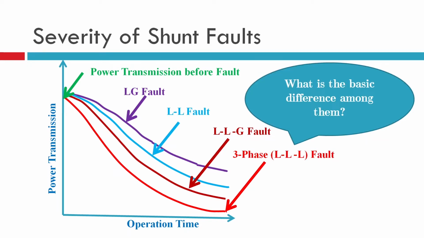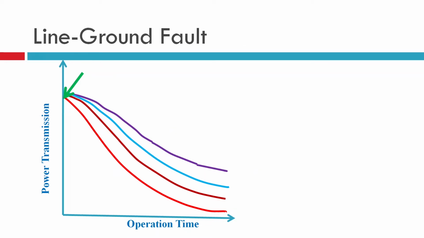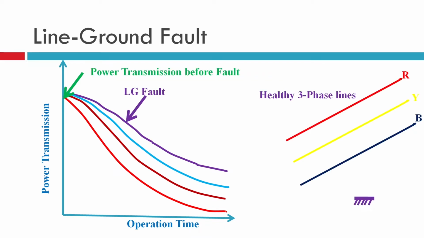A key question comes into your mind: what is the basic difference among them? In line to ground fault, any line of this healthy three phase system is grounded either solidly or through an impedance.